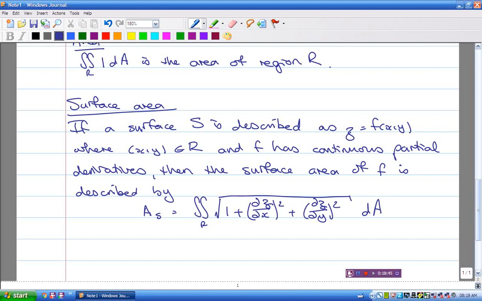If you think of a piece of surface, some curvy piece of surface floating above the ground, and you know how to work out areas of regions that are flat on the ground, with a double integral, the one at the top of the screen, you can project your piece of surface down onto the xy plane and work out the area of the projection. Of course, the area of the projection is probably not exactly the same as the area of the piece of surface, but they are related.